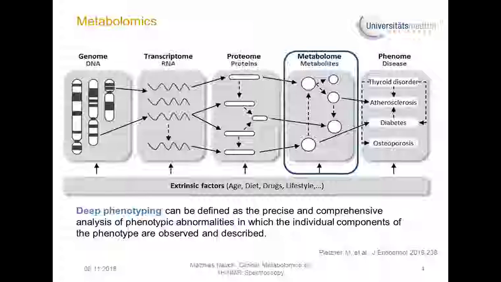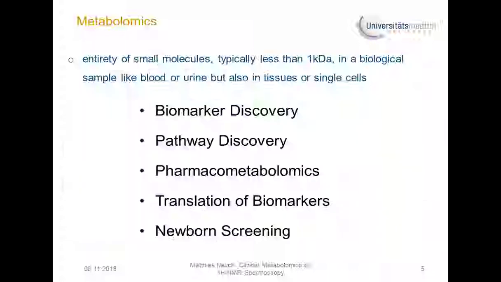We are especially interested in the metabolome because the metabolome covers a lot of these different aspects, and the metabolome is closely linked to our diseases. So we have the opportunity to look at the metabolome and to get information about subclinical situations, and this will help us to improve the medicine in future.